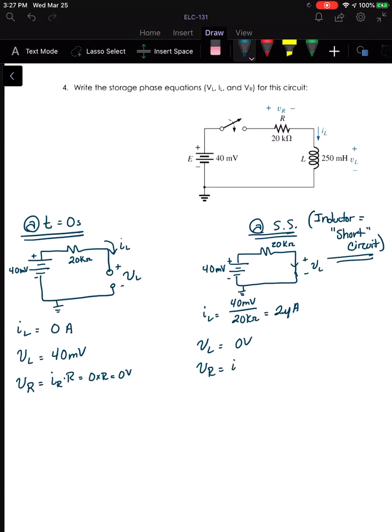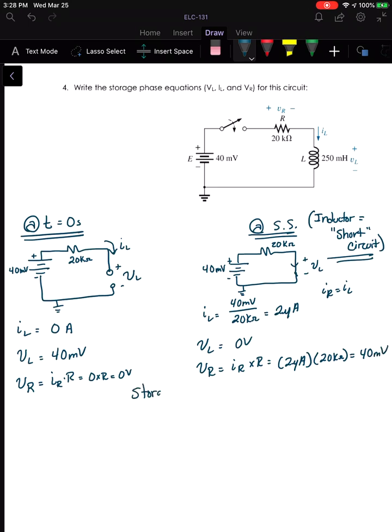And then VR will be IR times R, and this time, since IR is IL, that would mean our 2 microamps times 20 k ohms of resistance would just be the 40 millivolts.